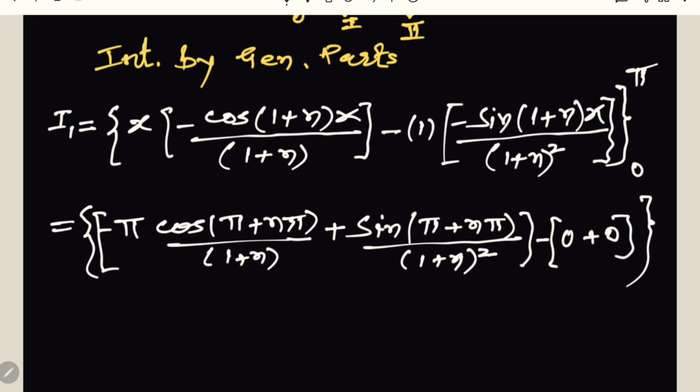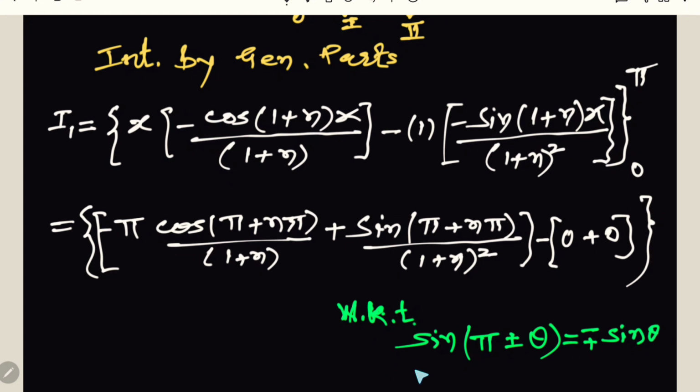Simplifying it further, for that we have to apply the standard trigonometric result. We know that sine of pi plus theta and pi minus theta: for plus we get minus sine theta, and for minus we get plus sine theta.